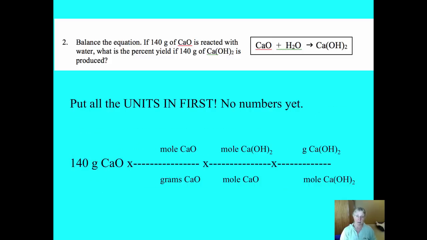Now remember, when you put all the units in first, don't put any numbers in until the end. My way or the highway. If you do it this way, you'll always get your numbers in the right spot and not get the inverse of the correct conversion factor. So here's my start. Reactant is given, calcium oxide. Here is my end. I have to get theoretical grams of calcium hydroxide.